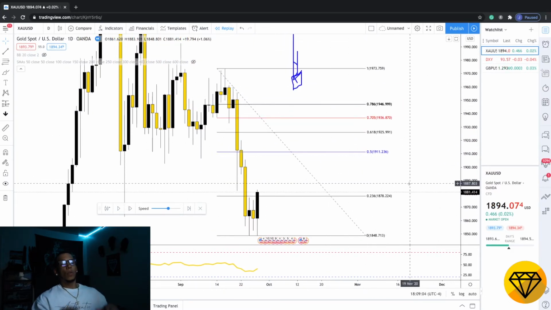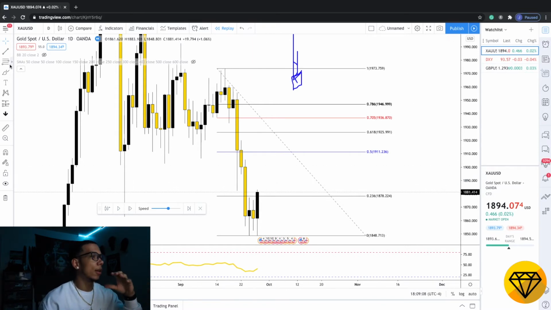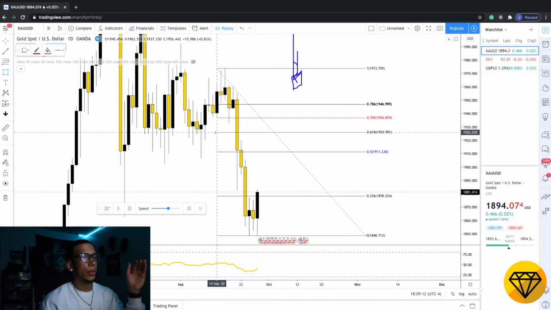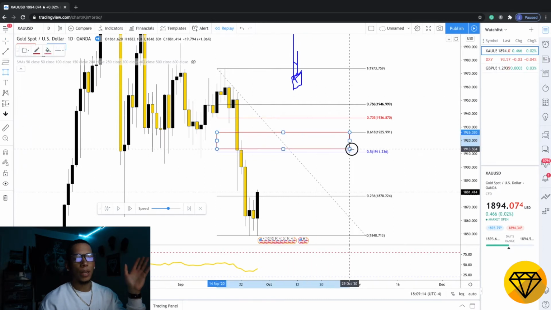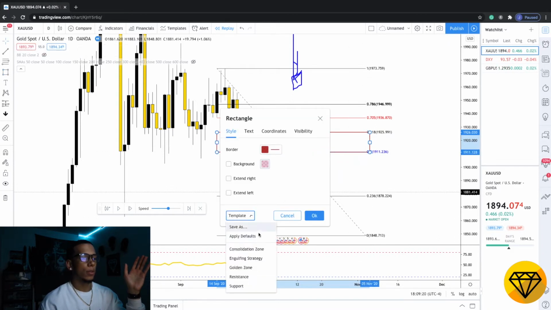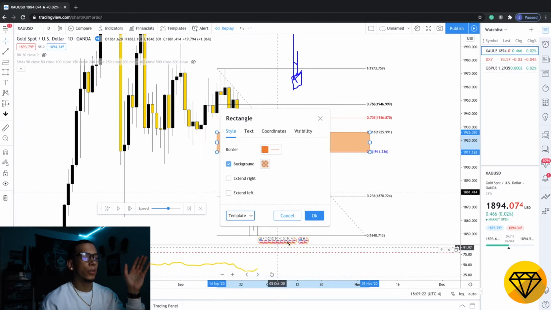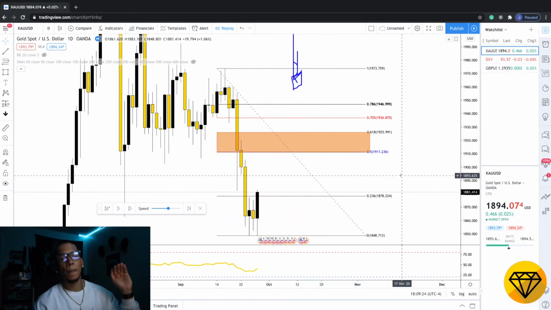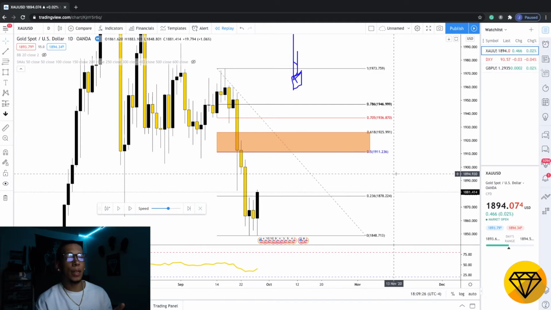Now, the zone that you want to aim for is this golden zone. It's called the golden zone across all traders, I didn't call it that. It's basically the zone in which there's a high probability of price reaching that zone and then continuing on its way down.